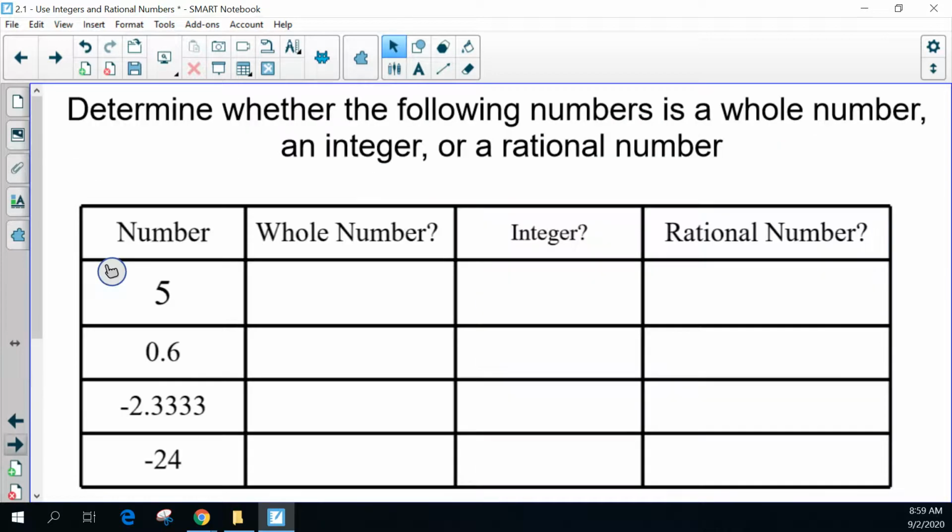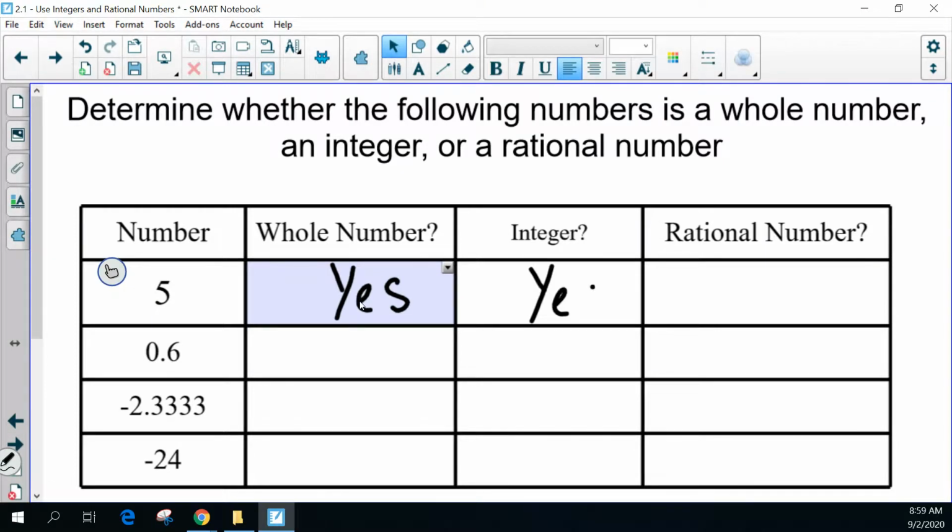Okay, all right. So what we're going to look at is determining what categories these fit into. If you look at the number 5, and you don't necessarily have to write this down if you just pay attention, or you're welcome to write it down. Would 5 be considered a whole number? Yes. An integer? Yes. And rational?